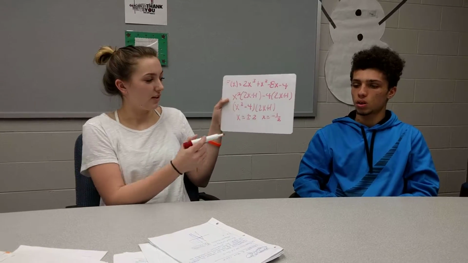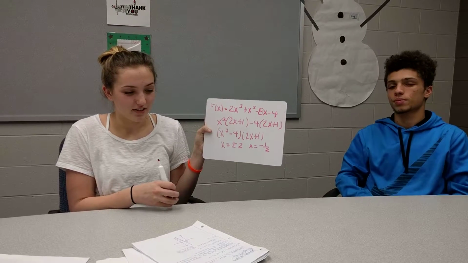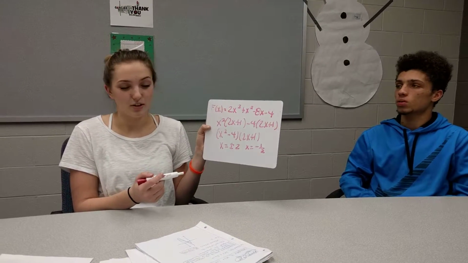So you are left with x equals plus or minus 2 and x equals negative 1/2, and your turning point would be 2. So let me graph that.